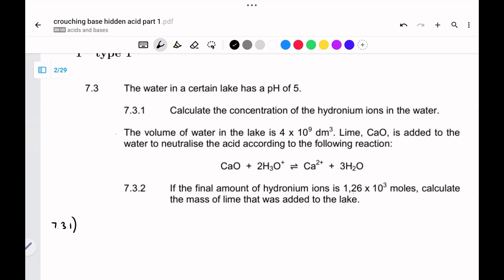So this is our initial measurement of this lake as a pH of 5. And I also discussed the way that we can take the pH and convert back to the concentration of hydronium ions. So let's do that now.